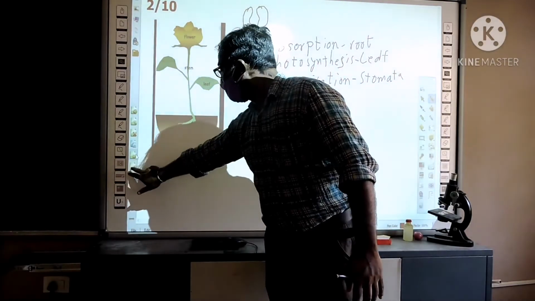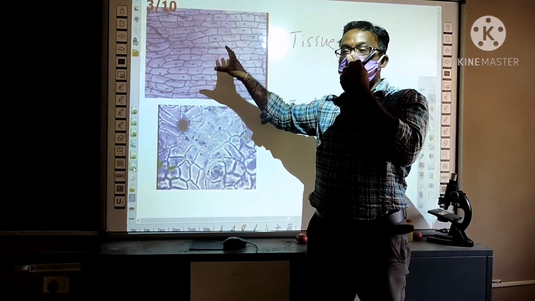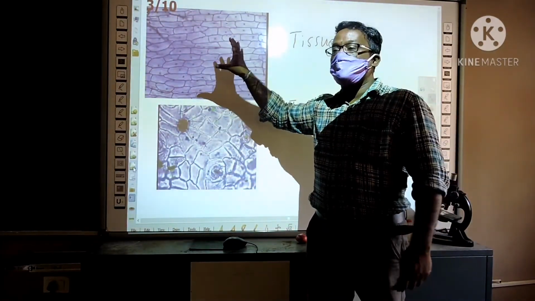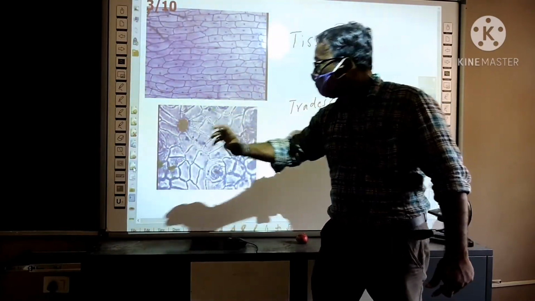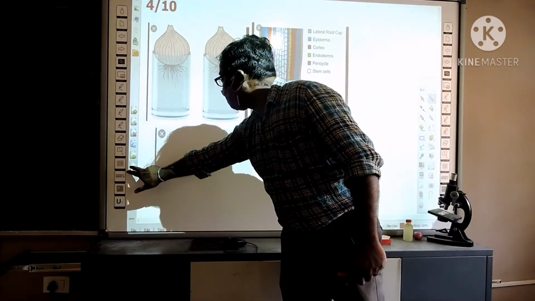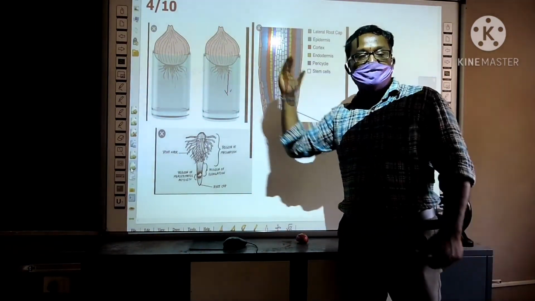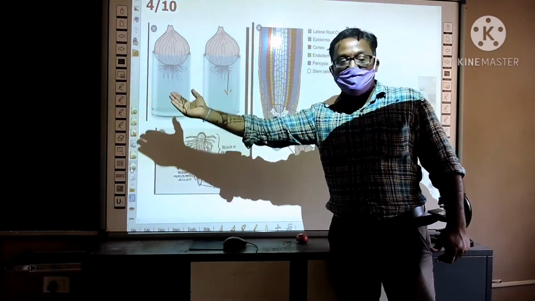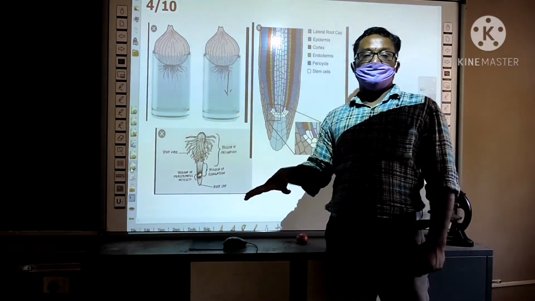In the leaf peel, see, this is the arrangement of cells in the leaf peel. These cells are responsible for covering and protecting the body. The cells in the root tip are different from the cells in the leaf peel, because they are responsible for growth in length.